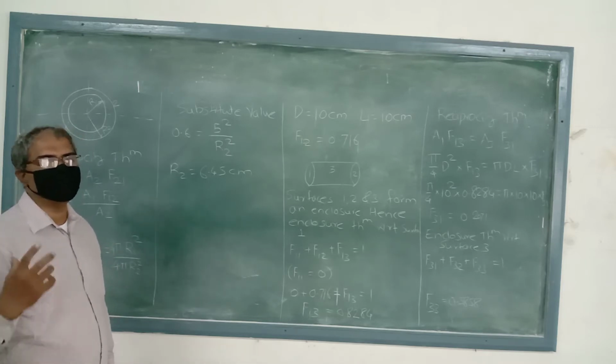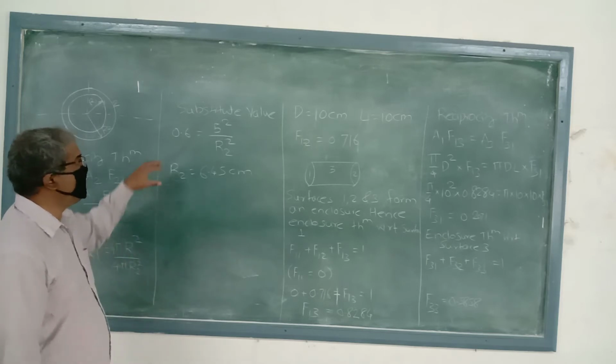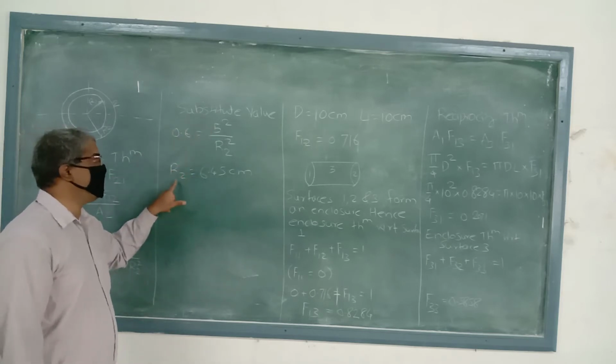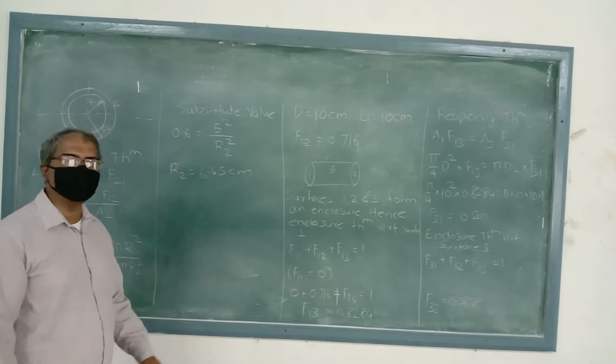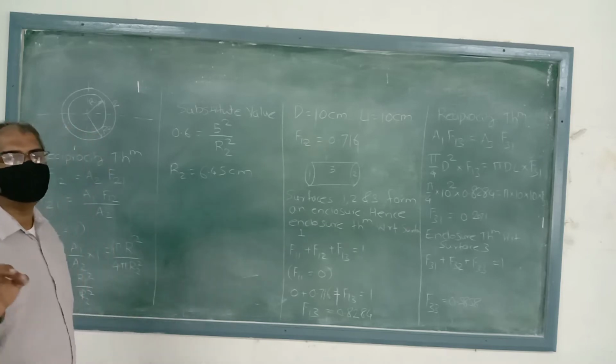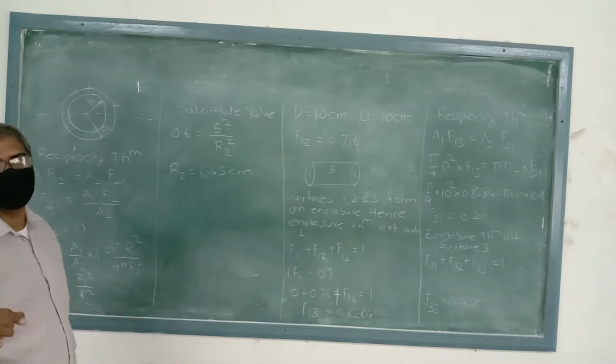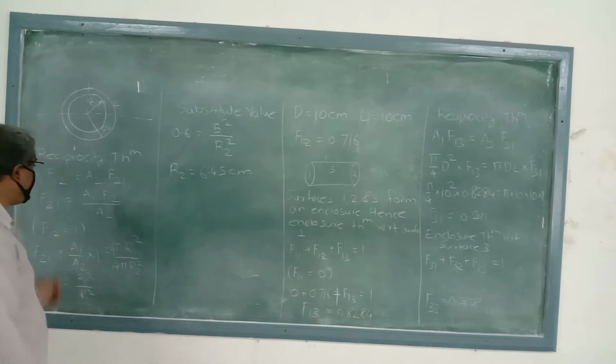They are asking you to find out the radius of the external sphere. After solving this equation, we are getting r2 is equal to 6.45 centimeter.